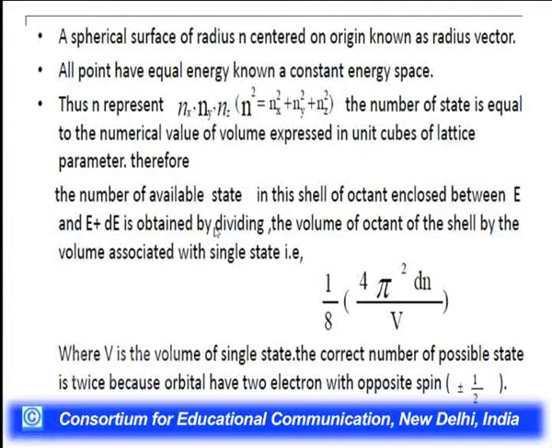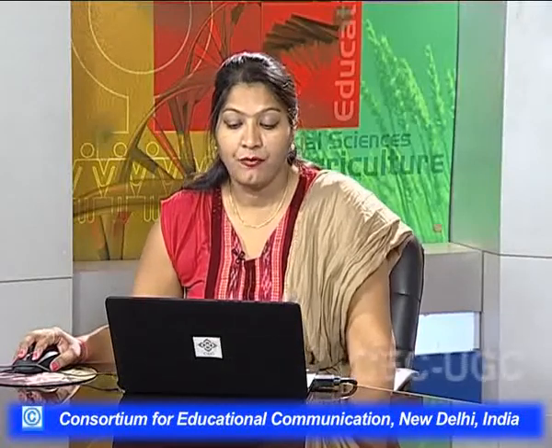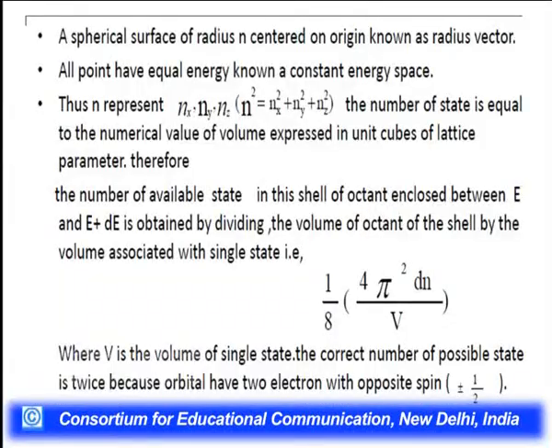It is obtained by dividing the volume of the octant of the shell by the volume associated with a single state, defined by 1 by 8 times 4 pi n square dN by V. What is V? V is the volume of a single state, and this is the volume of the octant. That's why it is multiplied by 1 by 8.